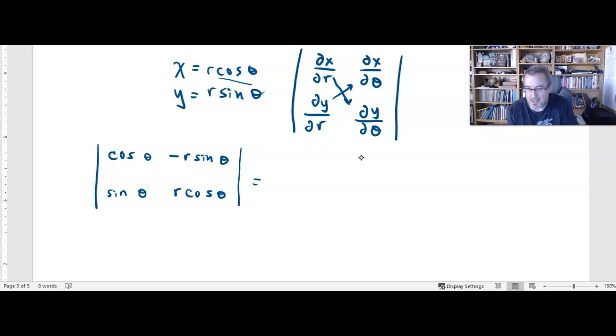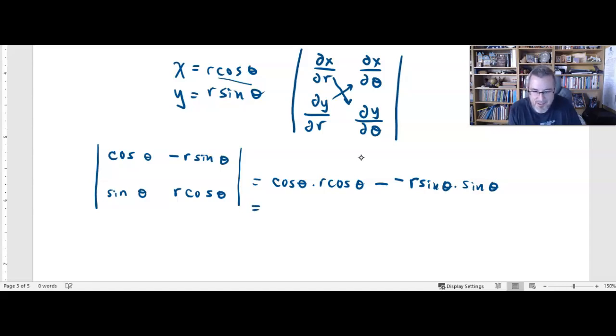So cosine theta times r cosine theta minus sine theta times negative r sine theta. So do you see the double negative there? It's going to be negative r sine theta times sine theta. I guess I went that way, but the product is the same either way.